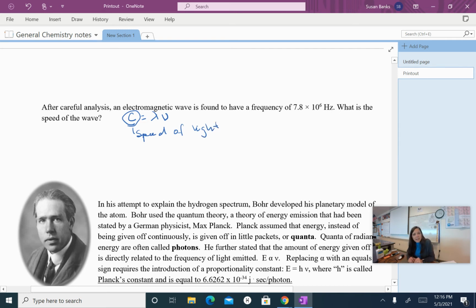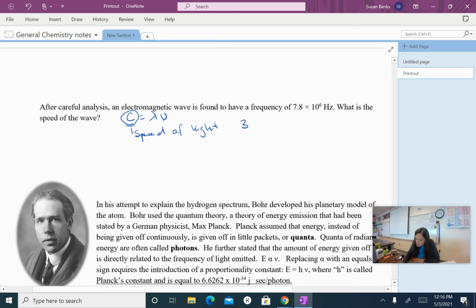All of this electromagnetic radiation travels at the speed of light. So that's 3 times 10 to the 8th meters per second. It is a constant. It does not change. So beware of these trick questions that ask you anything about a constant. It doesn't change. The speed stays the same.